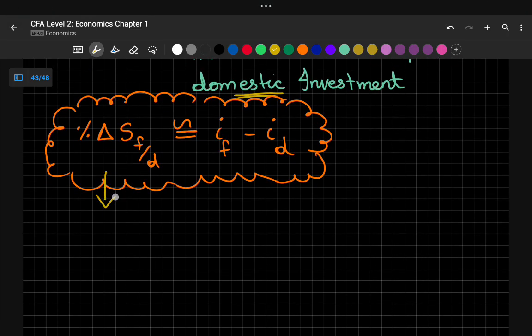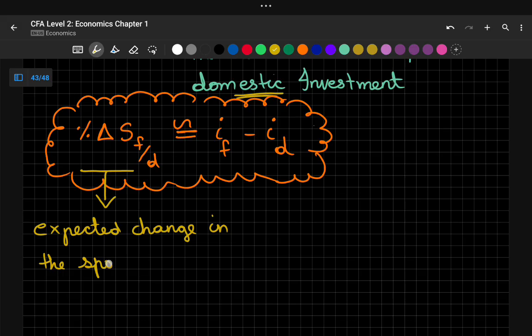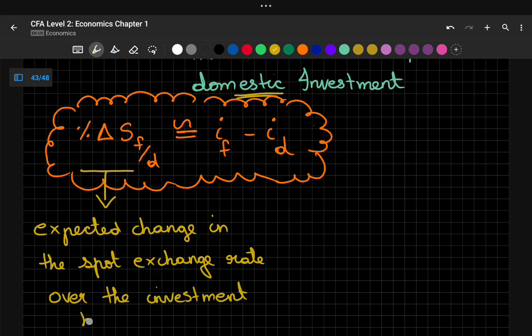If I write it in words, this part of the equation is the expected change in the spot exchange rate over the investment horizon.